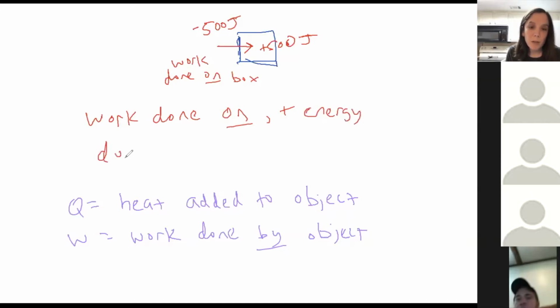But if the box does work, it would lose that energy. So in this case, you do work on the box, you lose that energy. You do work on the box, the box gains the energy.